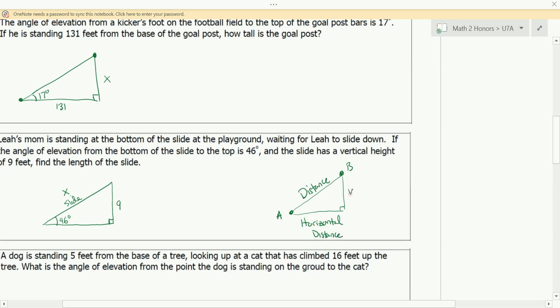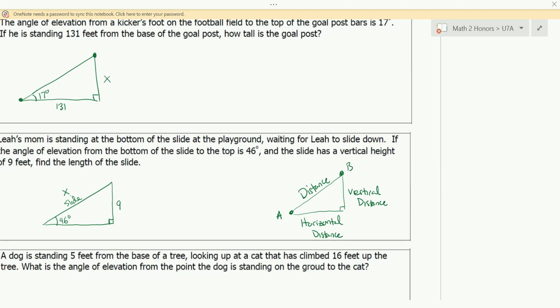And this right here would be called the vertical distance. So you have your actual distance from one point to the other, but then that's made up of two components. If you get into physics, they really break this down further. But you have your horizontal component and your vertical component here.